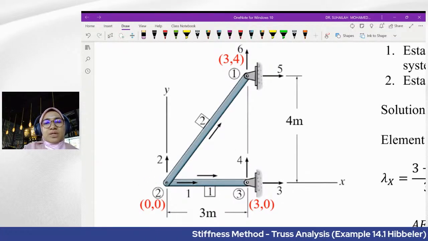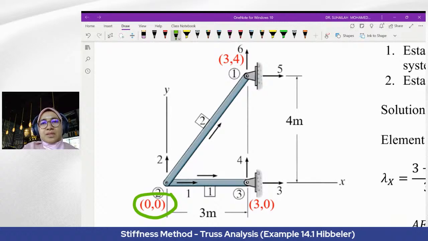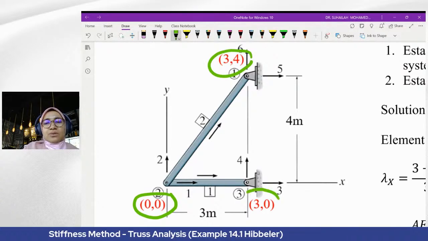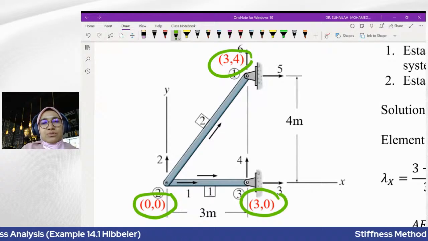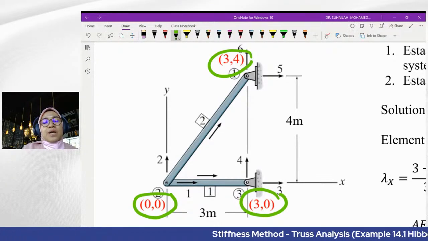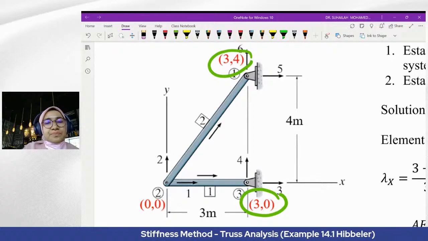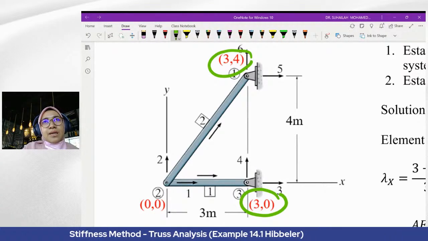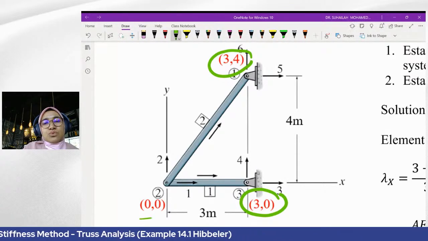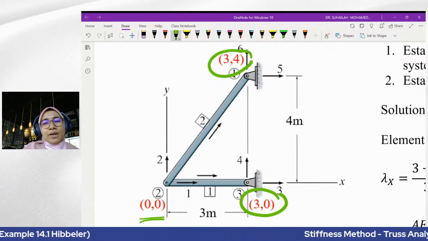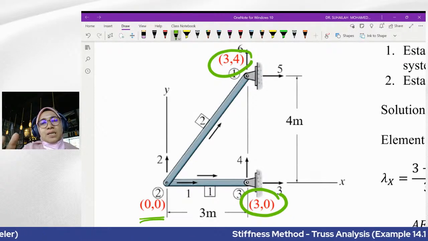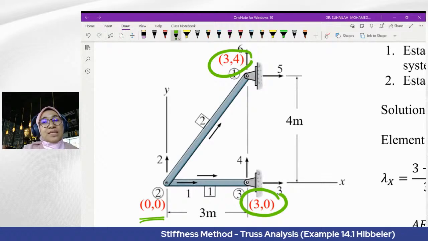Okay, after that we have to put the coordinates. To put coordinates, we have to choose one node as origin. By choosing node number 2 as origin, node number 1 and node number 3 will have positive coordinates.